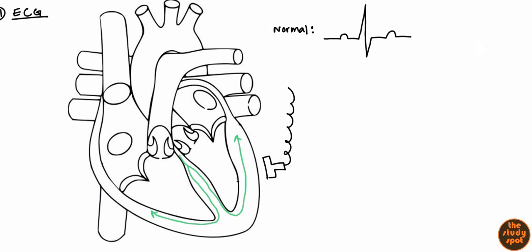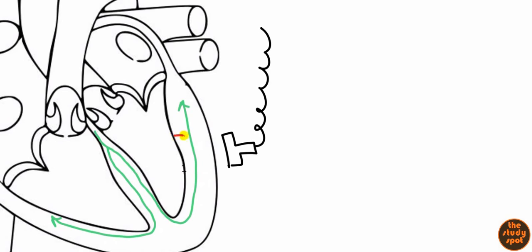So let's first take a look at the initial type of ischemia, which is called subendocardial ischemia. Subendocardial ischemia happens just under the endocardium, and this is generally the initial type of ischemia that occurs. So what happens here?